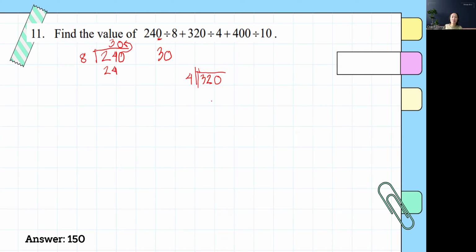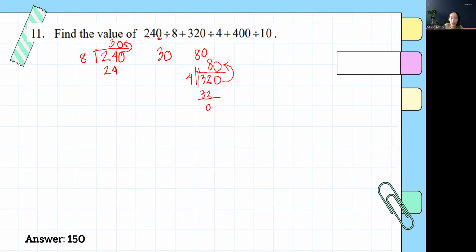Any idea? Okay, that would be 8. All right, 8 times 4, 32. And that will be 0. Since we have a 0 here, we just need to carry it over up here. So our answer for this one is 80.